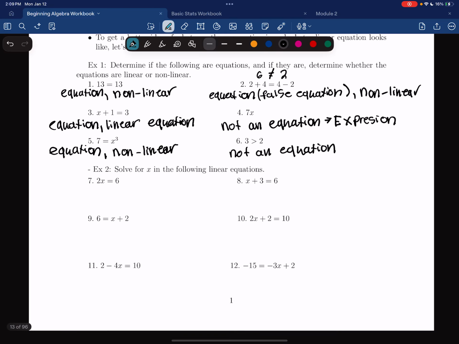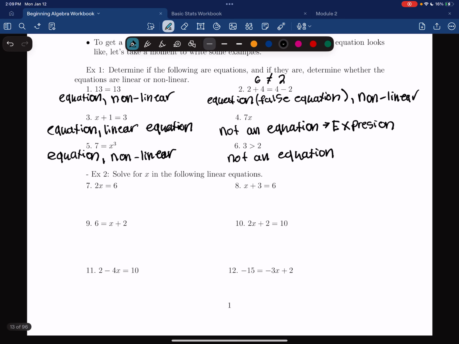Now looking at example 2, we are now going to start to get into solving linear equations. So looking at example number 1, we have 2x equals 6. Now, to first understand how to solve these, let's not solve them algebraically.